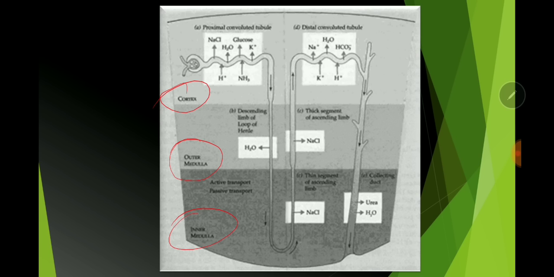Now, you can see that as blood passes through the glomerulus, you have certain electrolytes being absorbed by the kidneys and the body. Whatever is going to stay inside the tubule here is going to be eliminated.